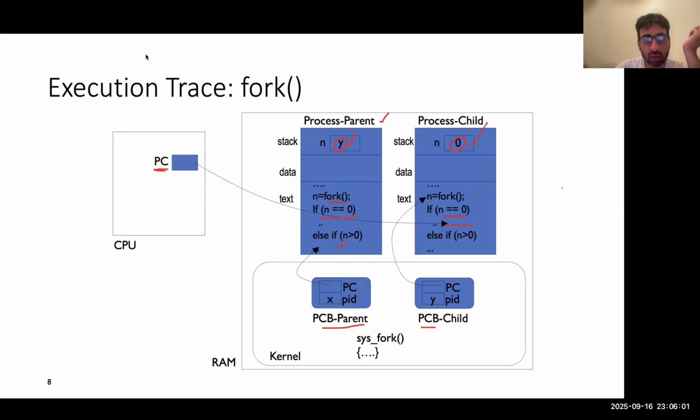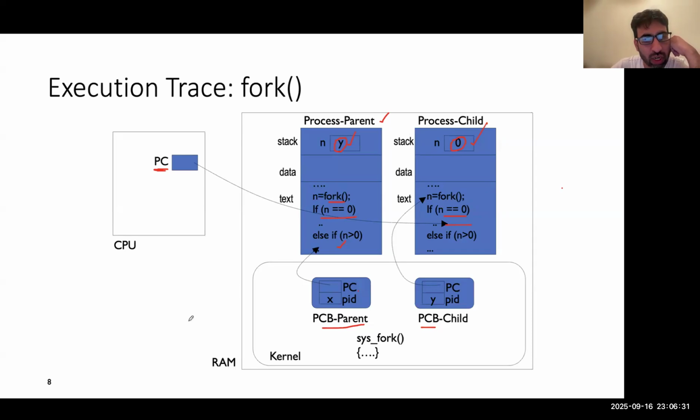Now let me have a look at the question. The two processes point to the same stack in the beginning, but after the child process is created, they become independent from each other. In the beginning we have only a single process, but when the child process is created, after that they have their independent address spaces.